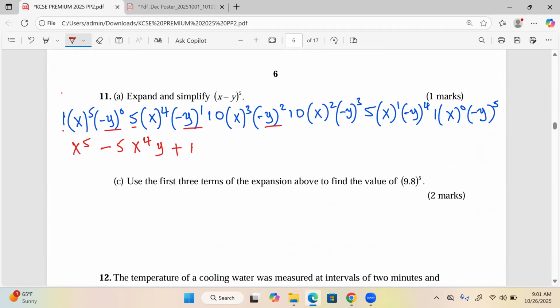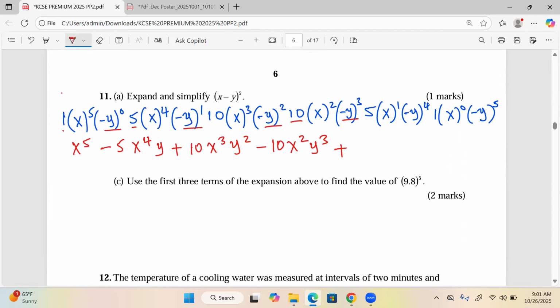So now we'll be having 10 x power 3, and y is now squared, minus negative y power 3 becomes negative y power 3. The negative remains. But when powers are even, for every negative, there is another one to cancel it. When the power is odd, there is a negative that remains, affecting the whole term. So 10 x squared y power 3.